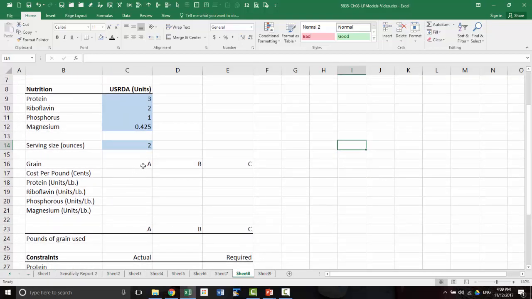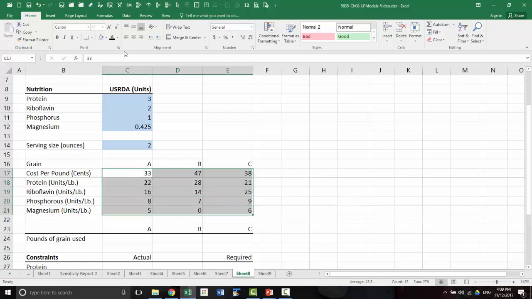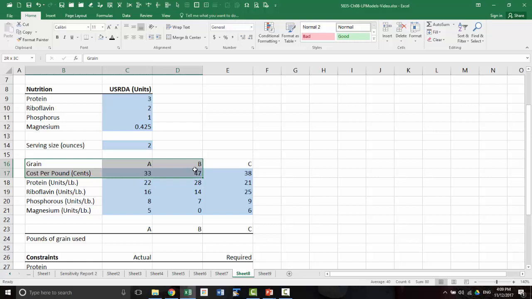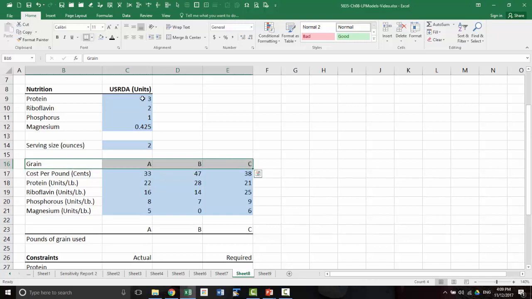Then for each of the three grains A, B, and C, we have cost and then how much of each of these four different nutritional elements the grain has per pound. That information is given in the table that we just saw, and that's this information. This is also input, so let's put a borderline there.